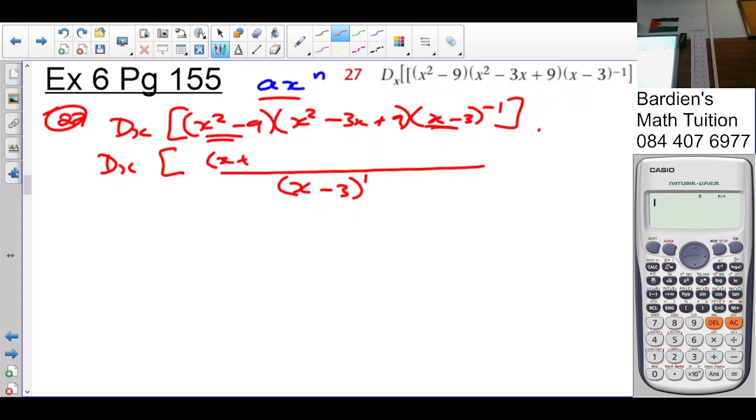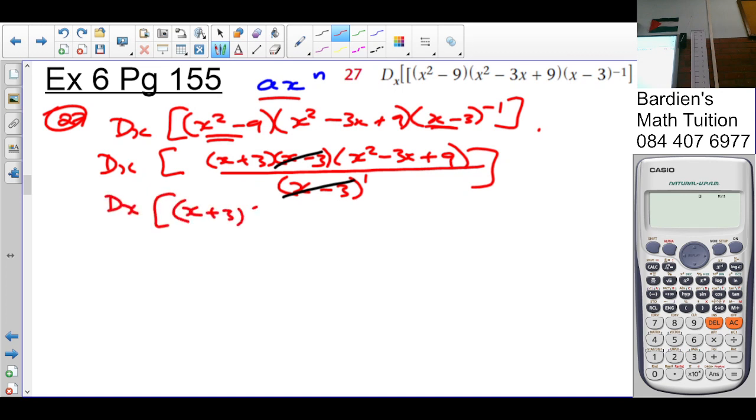So it will become x plus 3, x minus 3 into x squared minus 3x plus 9. This trinomial can't factorize. Okay? X minus 3 cancels x minus 3. Which now leaves me with x plus 3 into x squared minus 3x plus 9. Okay?